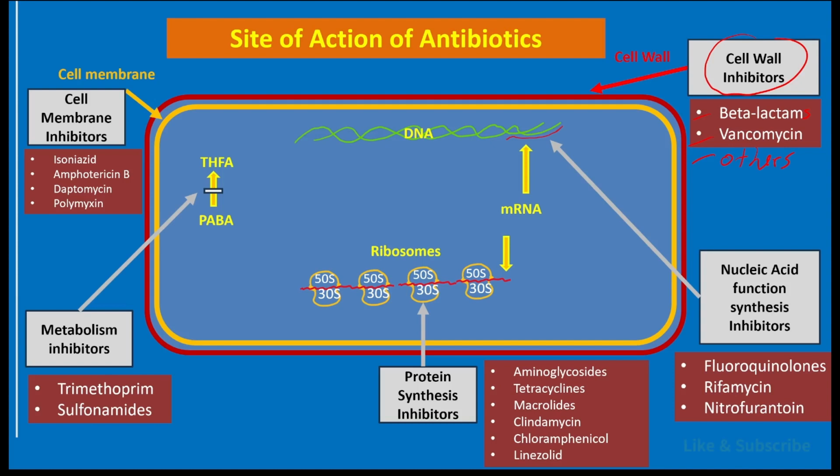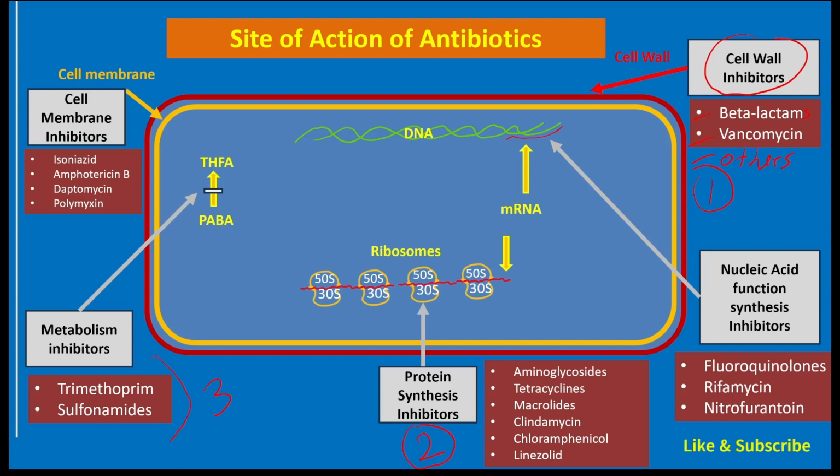The second group of medications we are discussing is the metabolism inhibitors. We have trimethoprim and sulfonamide. The third group is protein synthesis. We have a list of medication. This is the most important group after the beta-lactam. Beta-lactam is number 1, the most important group. Number 2, protein synthesis. Number 3 is also important.